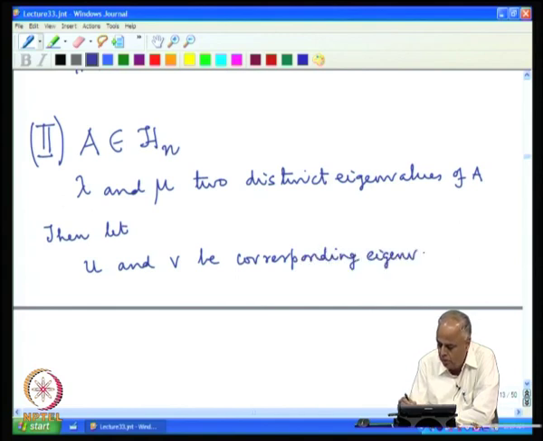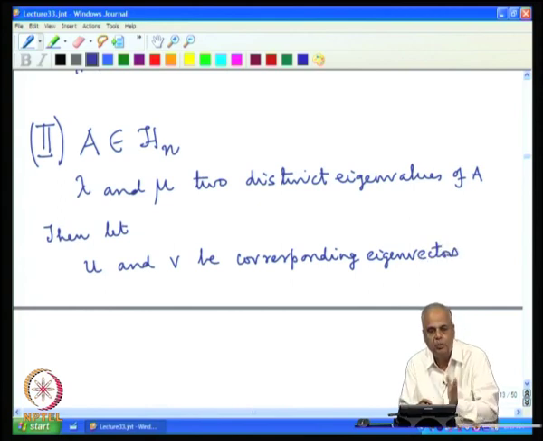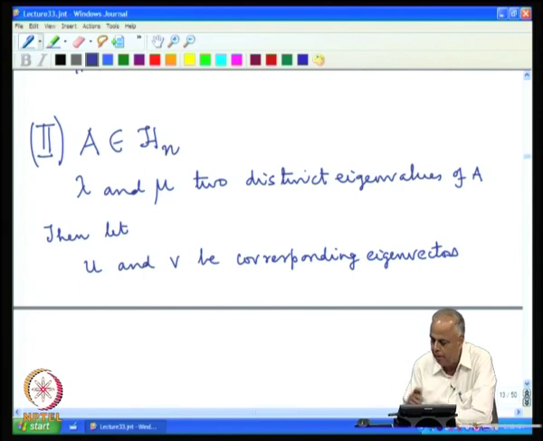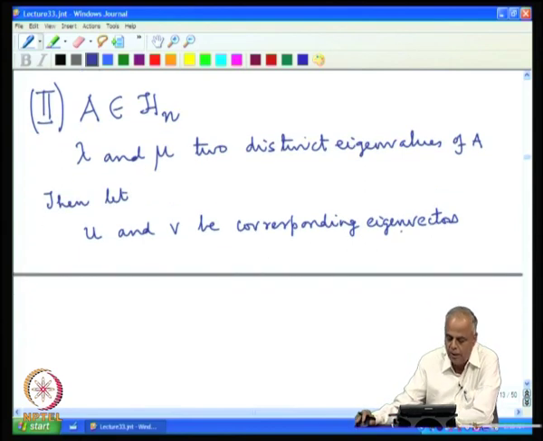So, we have two distinct eigenvalues. What we mean is lambda and mu are different. There are two different eigenvalues we are considering and we are considering the corresponding eigenvectors.